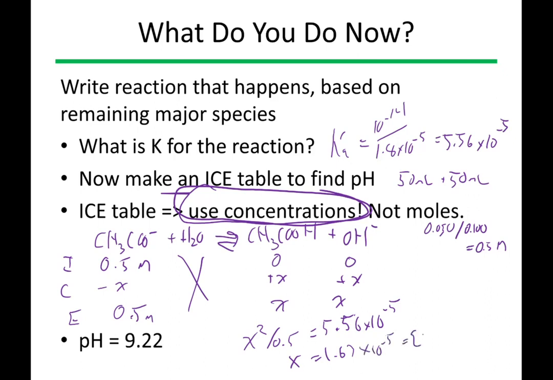This is equal to the concentration of OH minus. If we take the negative log of OH minus, we get the pOH is equal to 4.78. And so the pH is going to be 14 minus the pOH. And we plug this in and we get 9.22.